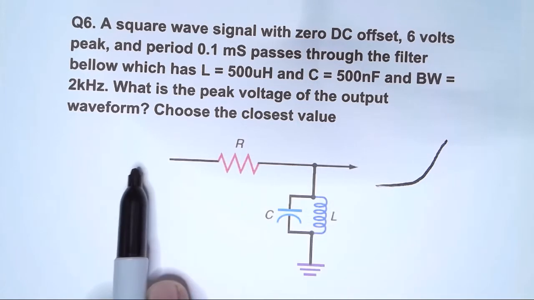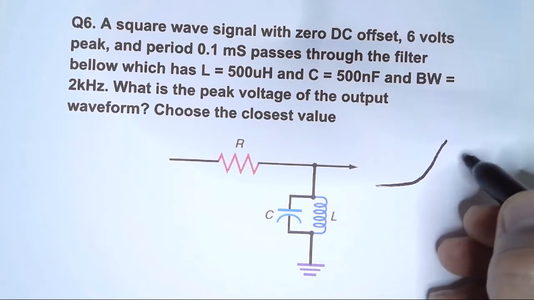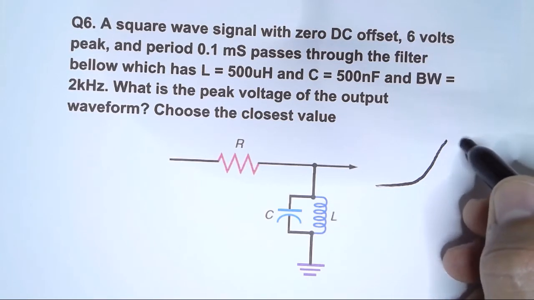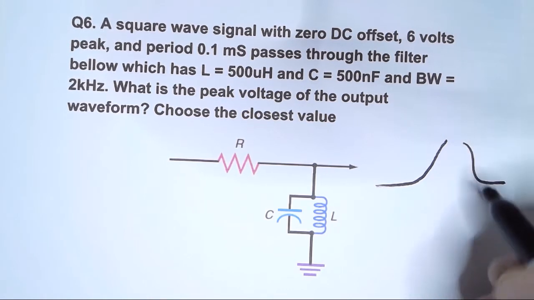Now, for high frequencies, the capacitor will short and will sink the signal to ground, and that means that at high frequencies the signal will be attenuated, and so something happens in between.